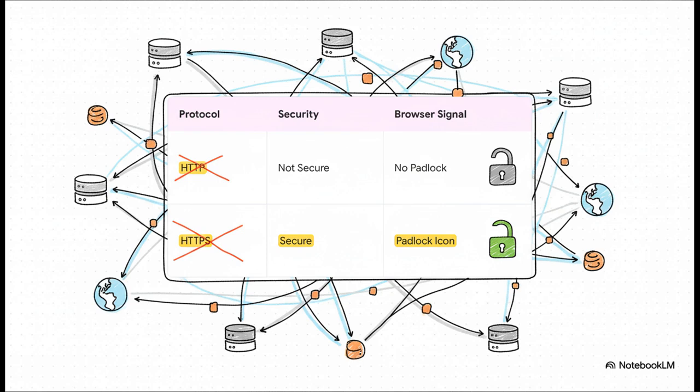Anyone who handles it along the way, any of those routers, can read the entire message. But with HTTPS, and that S stands for secure, it's like sending your message in a locked metal briefcase. The data is encrypted, meaning it's all scrambled up into a secret code that only you and the server you're talking to have the key to unlock. And that little padlock icon you see in your browser, that's your signal that you're using the secure, locked briefcase. It's a huge deal for things like logins and credit card info.